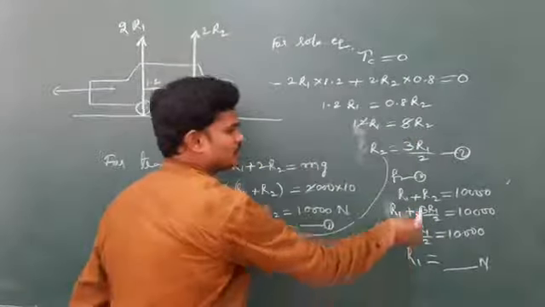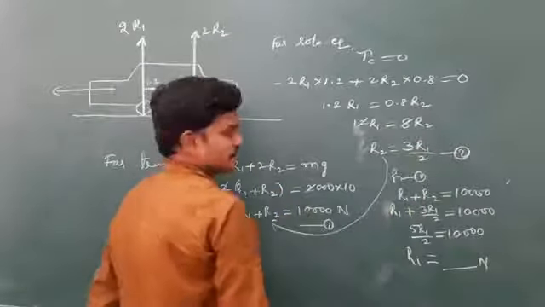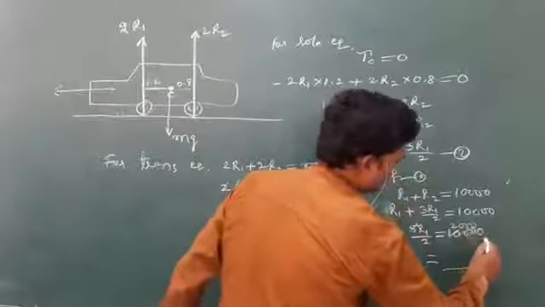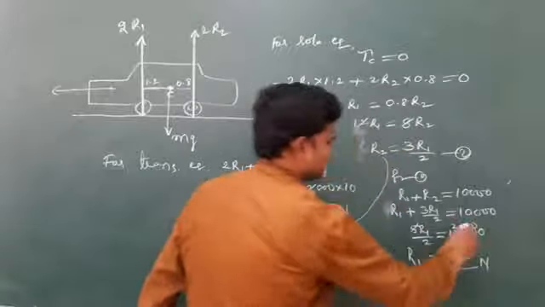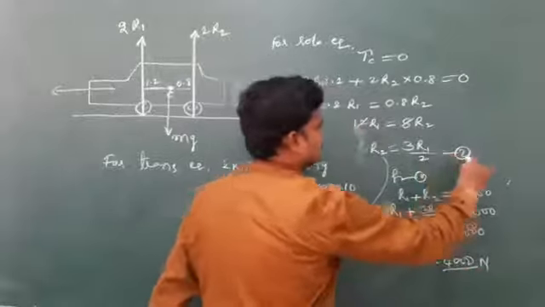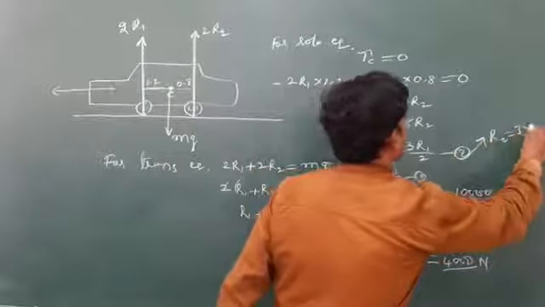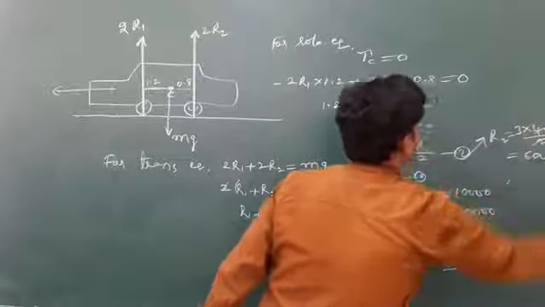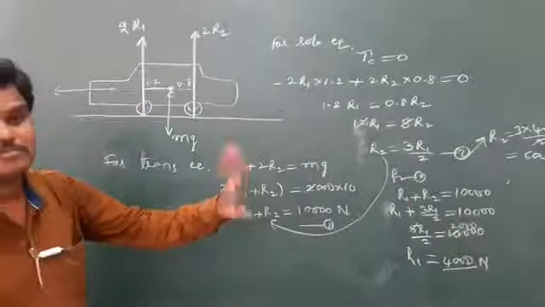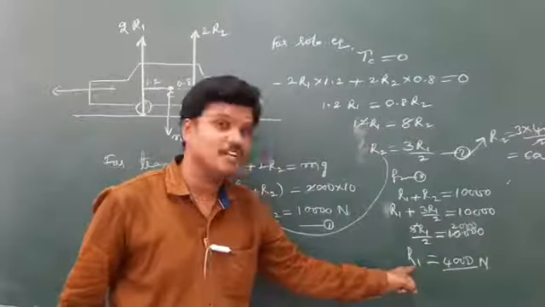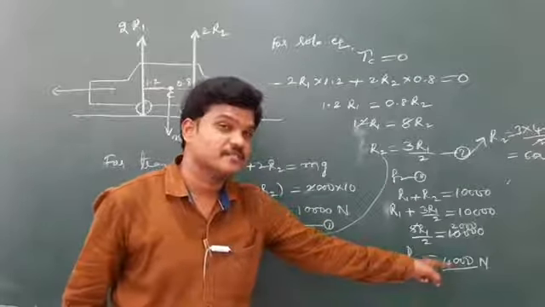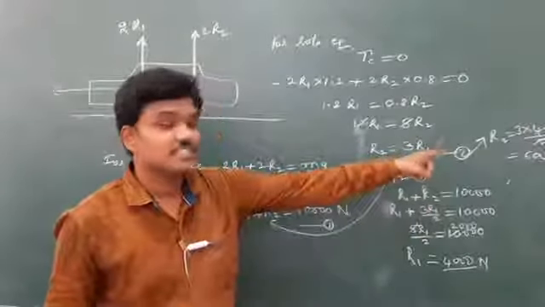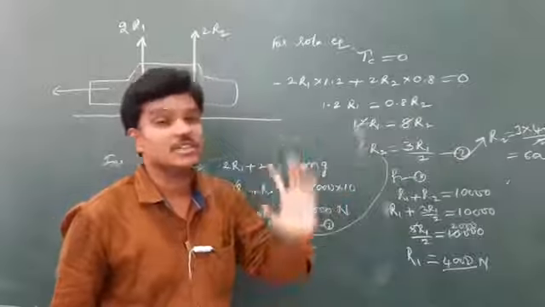Once you have R1, substitute that value: R2 equals 3 into 4000 by 2, which is 6000 newtons. So R1 and R2 are the individual reaction forces. On each front wheel 4000 newtons is acting, so the total reaction on the two front wheels is 8000, and each back wheel 6000, so the total reaction on the back wheels is 12,000 newtons.